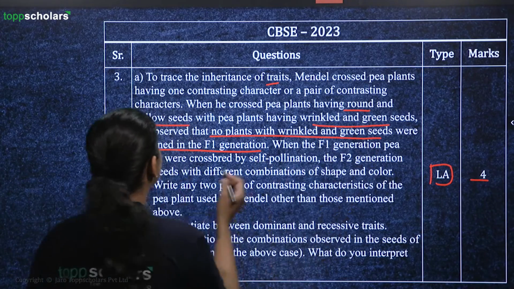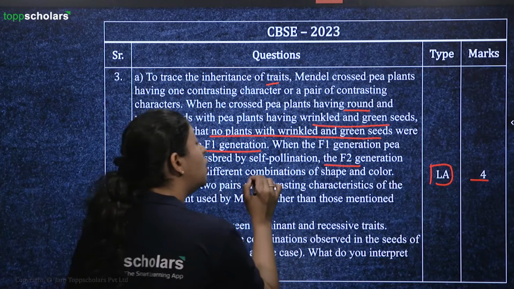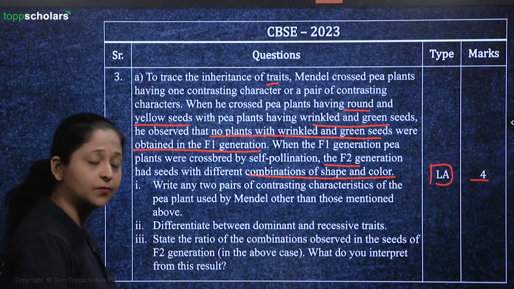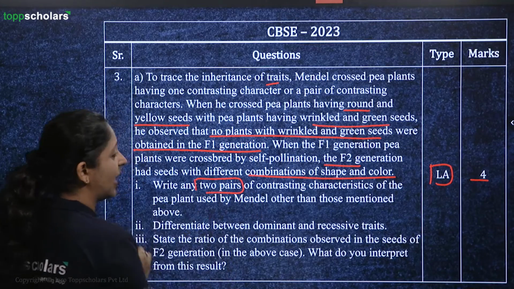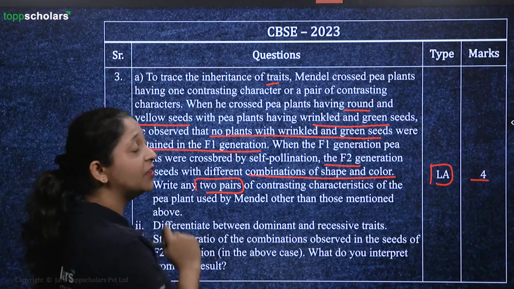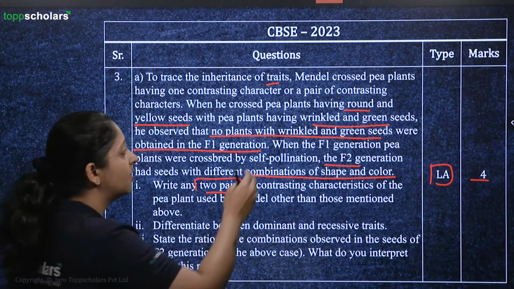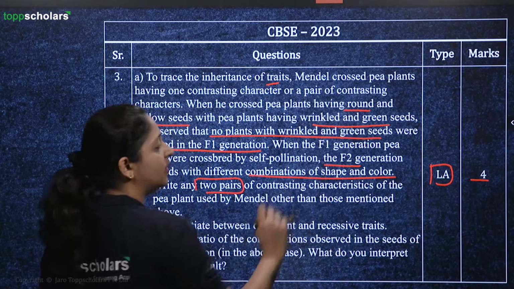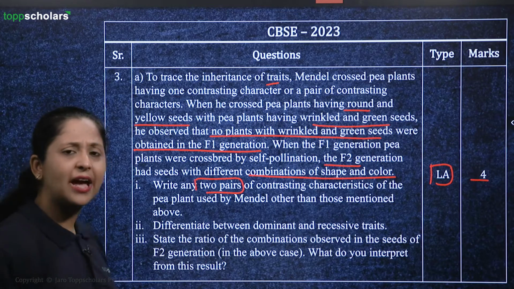When the F1 generation pea plants were crossed by self-pollination, the F2 generation had seeds with a lot of different combinations and colors. So, you have to write any two pairs of contrasting characters of the pea plant used by Mendel other than those mentioned above. They have given you two characteristics, the color of the seed and the shape of the seed, that is round and yellow, wrinkled and green. Apart from the color and the shape, you have to mention any two characteristics.